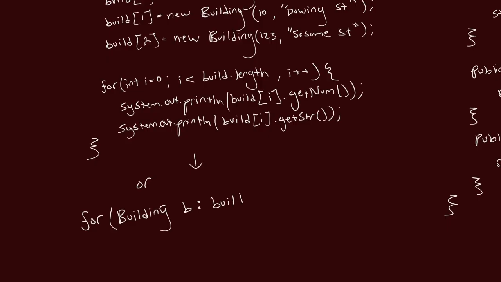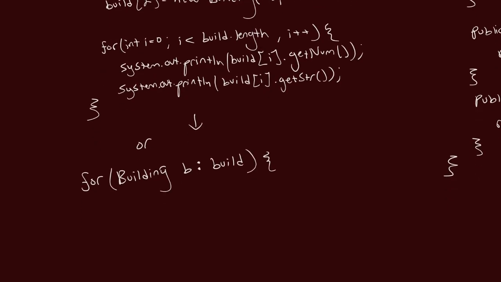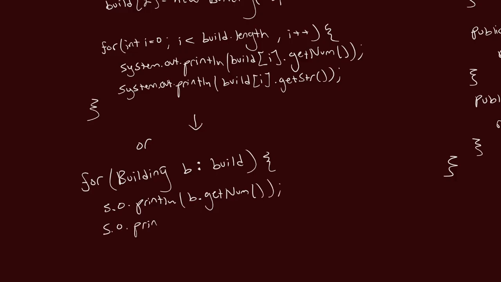So our array name was build. Now you just do the same thing again. I'm going to do System.out.println, and you just do b.getNumber. Okay, and then you do System.out.println, and you do b.getStreet.